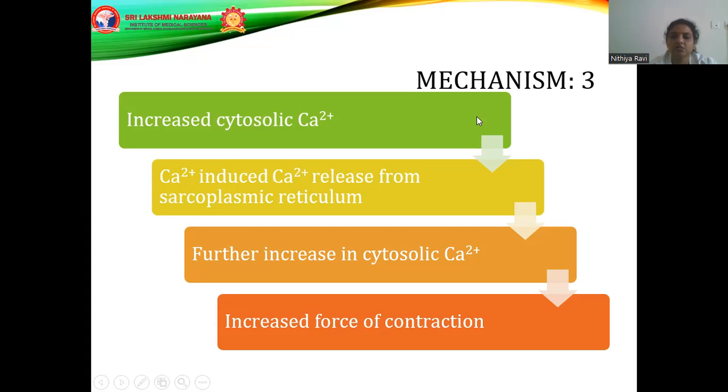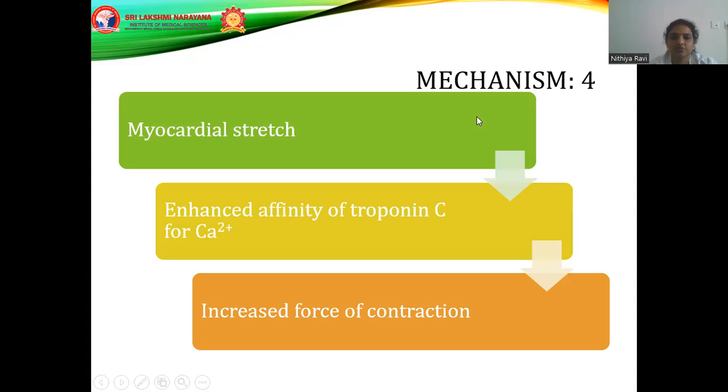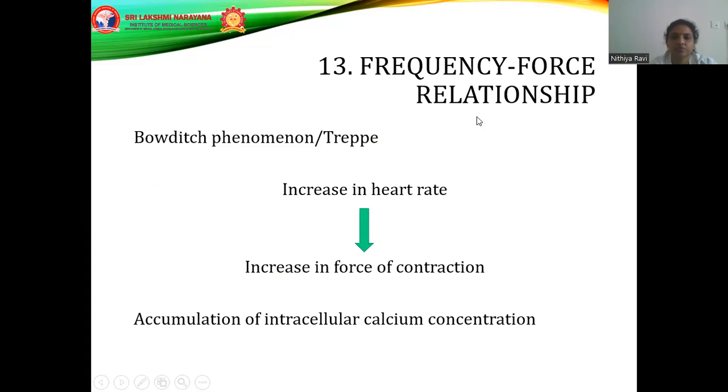So furthermore, this increases the force of contraction. And mechanism 4 is when the myocardial stretch occurs, this will enhance the affinity of troponin C to calcium, and there will be an increased force of contraction. So that was the Frank-Starling's law of the heart and the mechanisms which help in Frank-Starling's law being established.